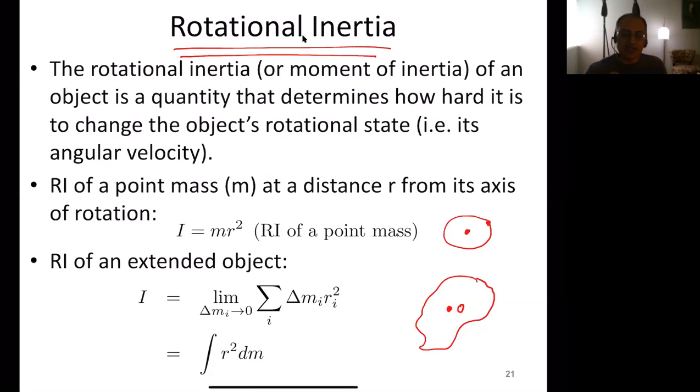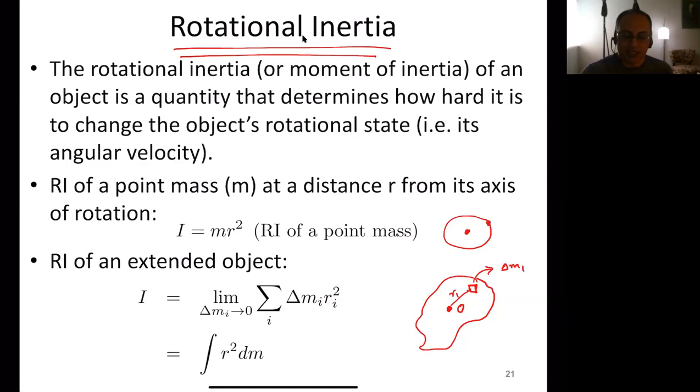Conceptually, the way you do it is as follows. You break up this object into tiny little segments. Let's say that this first segment, I'm just calling it delta m1. Delta just means it's a very tiny little segment, and it's at a distance r1 from the axis of rotation.